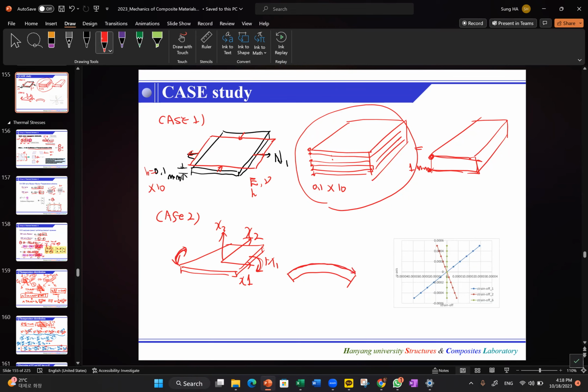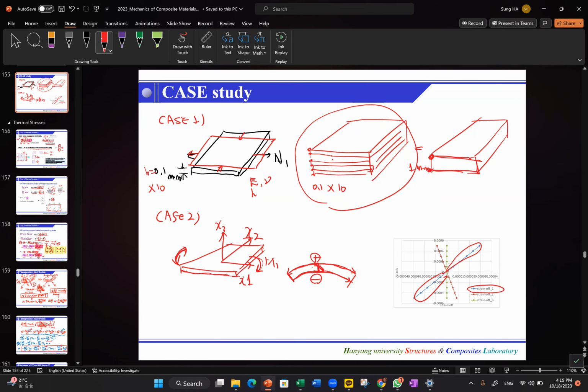So this is going to be tension, and the bottom one will have a contraction, negative. So in the one direction, we have positive and negative, linear through the thickness. The top has the highest strain, and the bottom is a contraction, so this is going to be plus and minus, with linear deformation through the thickness.